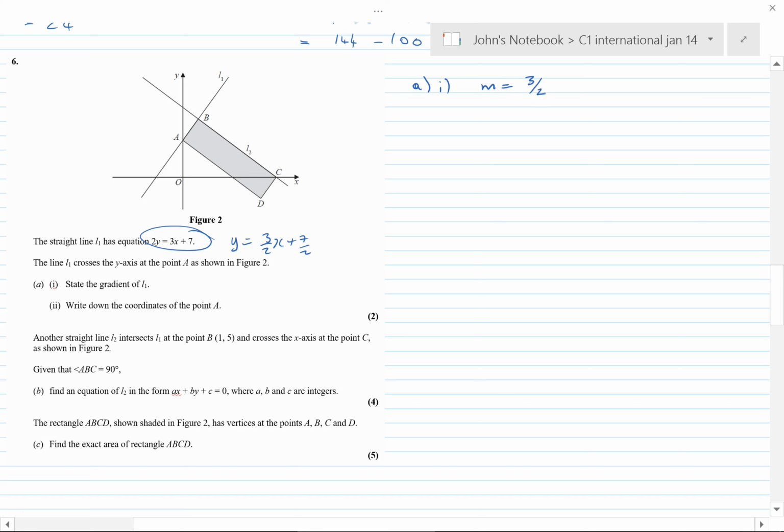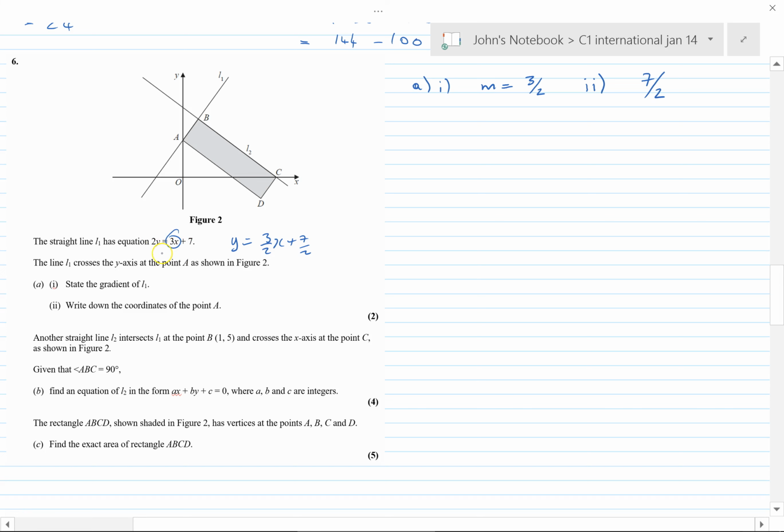And then the second part, it says write down the coordinates of point A. Right, so if I've rearranged this, we can see it's 7 over 2 already, because it's the C in my rearrangement. Or if I hadn't done that and had just scanned it through, I can put x equals 0 in here.